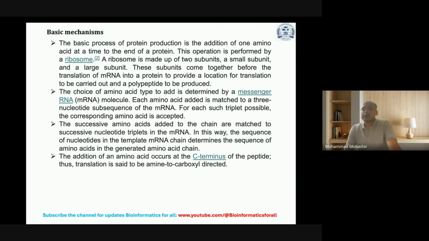In this way, the sequence of nucleotides in the template mRNA chain determines the sequence of amino acids for the specific protein. The addition of an amino acid occurs at the C terminus of the peptide. Thus, translation is said to be amino to carboxyl directed.